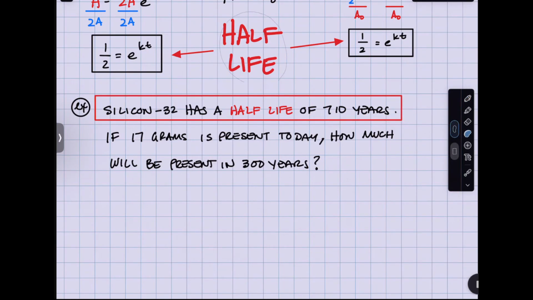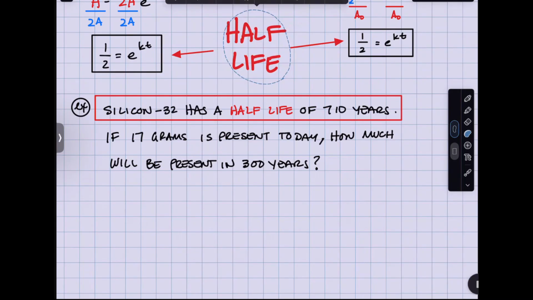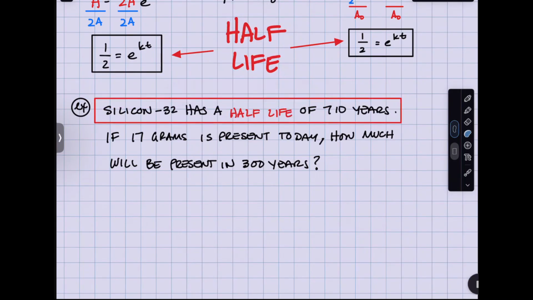So if it says half-life, it might have to do with something like this. Because I just mentioned that if it says half-life, we should think this, right? So since it mentioned half-life, I should just think about that piece. Agreed? So half-life, we're going to think about this right here.